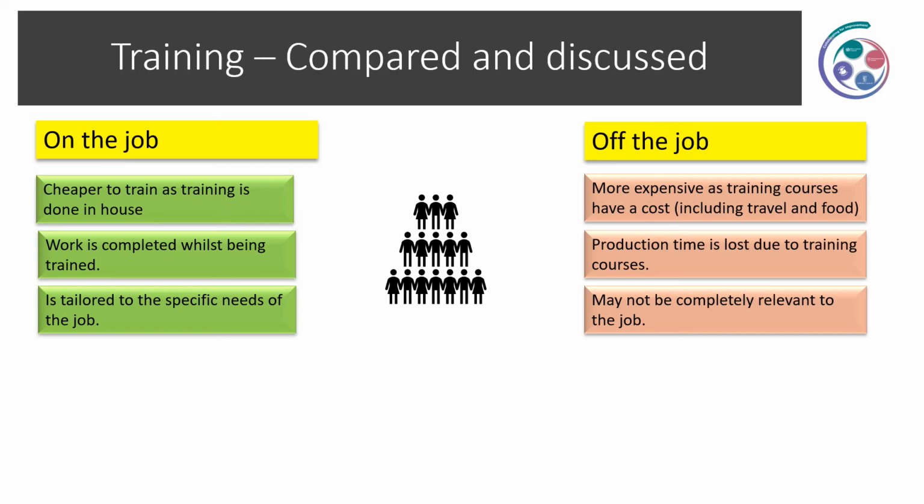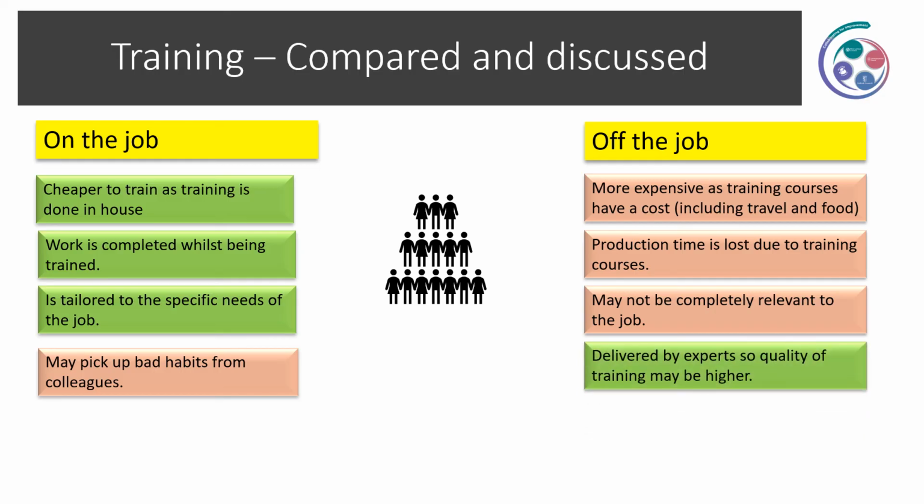They may focus on other things other than pertaining to your job. The organisation may pick up bad habits from colleagues, however, whereas off-the-job training is delivered by experts, so the quality of the training is more likely to be higher.